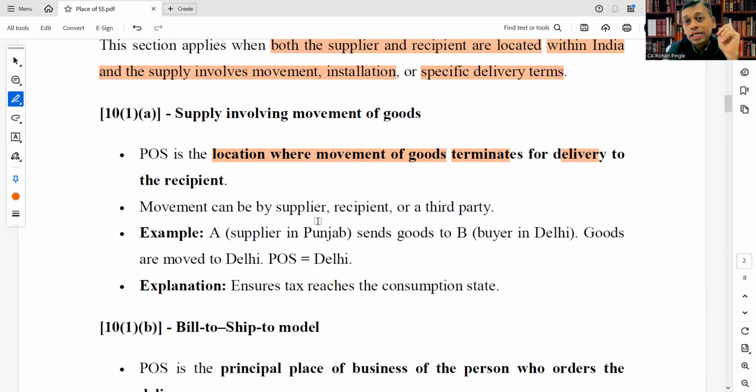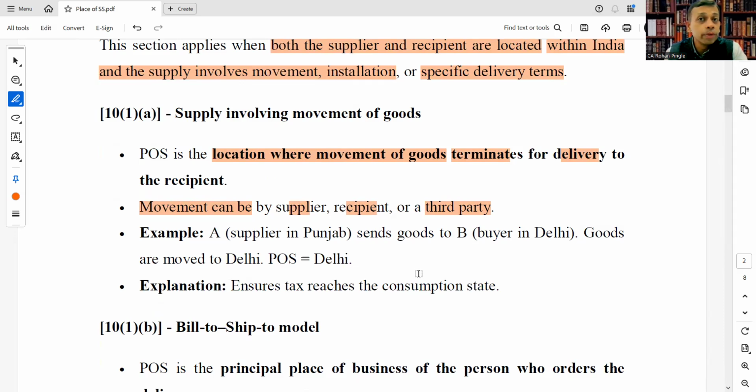Movement can be by supplier, recipient, or third party. So on movement, there is no requirement. Supplier can move the goods, recipient can move the goods, or a third party. Example: a supplier A in Punjab sells goods to B, buyer in Delhi, and goods are moved to Delhi.